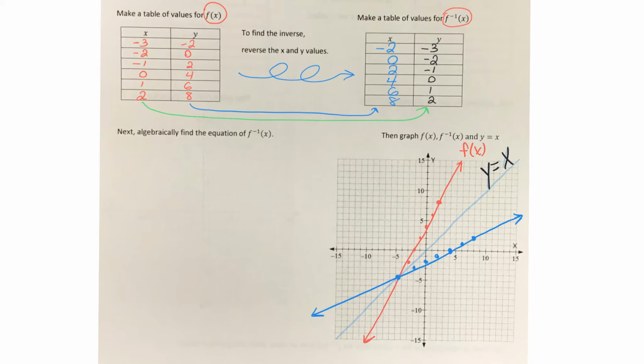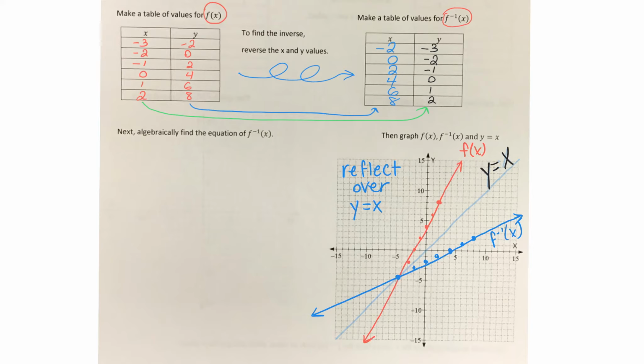What's happened is your inverse function has reflected over y equals x. So there is a reflection over y equals x, and that will happen every time with an inverse function. It will reflect over y equals x.